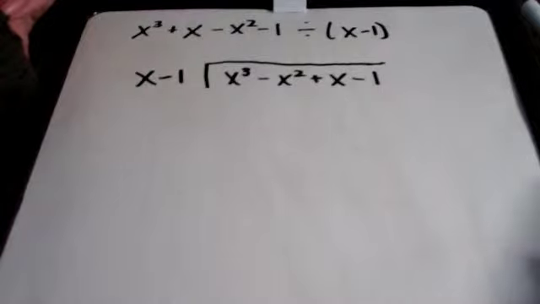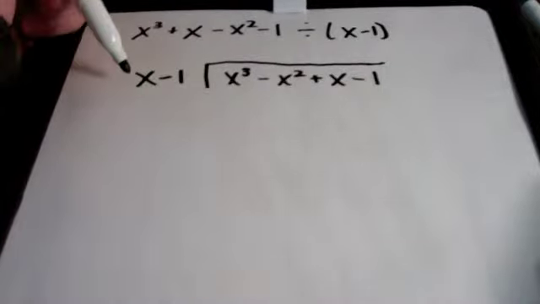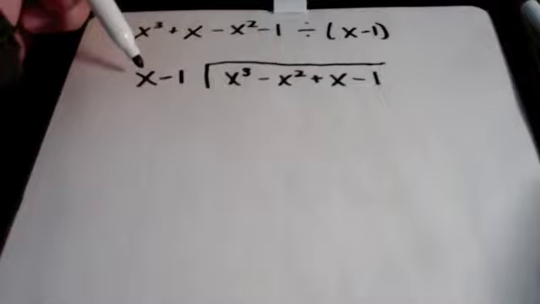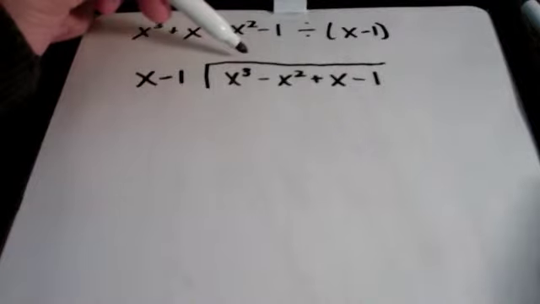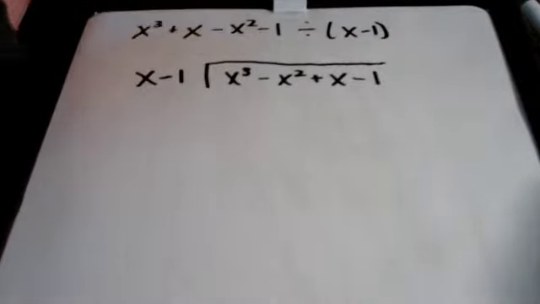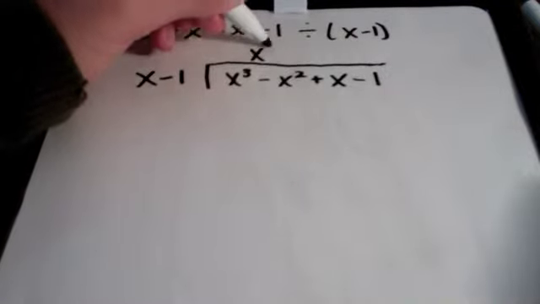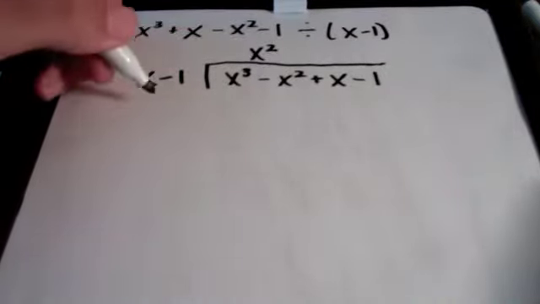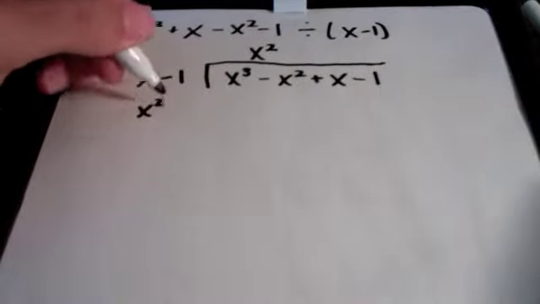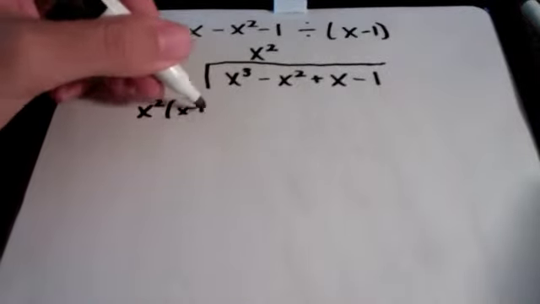Okay, and then our next step is to see what can we multiply just this first x here to get x cubed. And in this case that's going to be x squared. So we write our x squared over here, and then x squared times x minus 1.